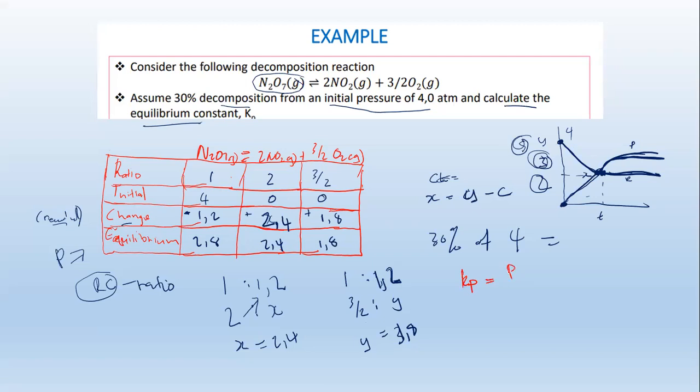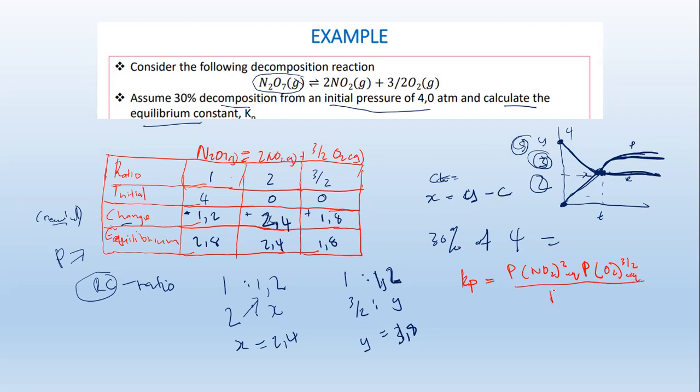So you're going to say pressure of the product, in this case NO2, raised to the power of 2 at equilibrium, times the pressure of oxygen gas, which is raised to 3 over 2, remember, from the balanced chemical equation, at equilibrium.